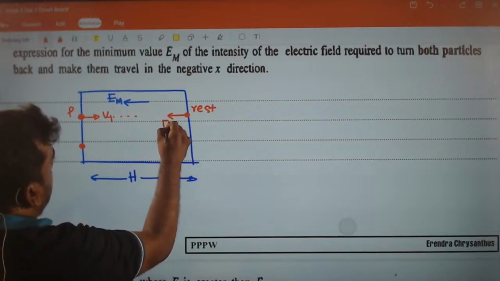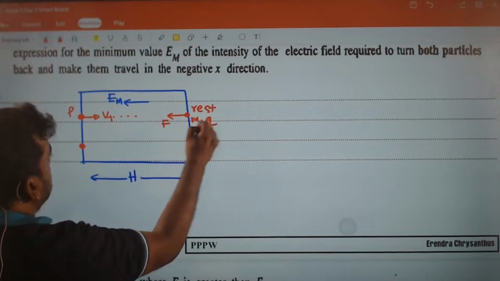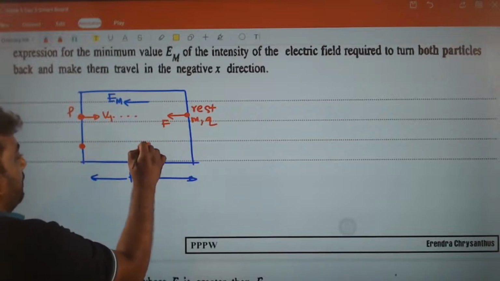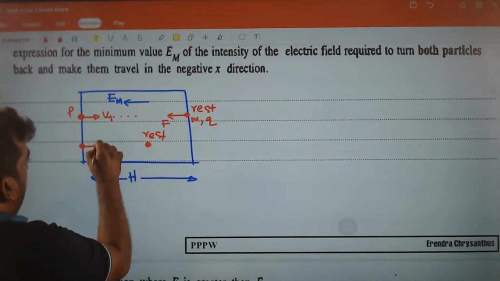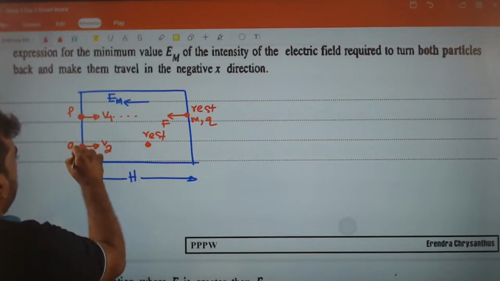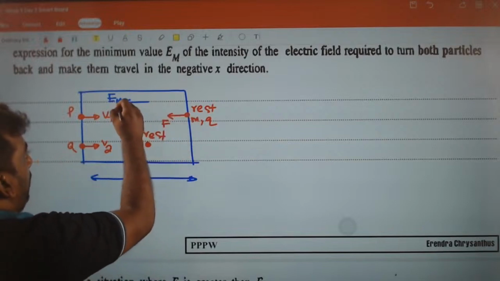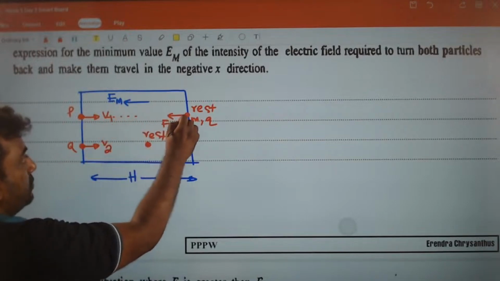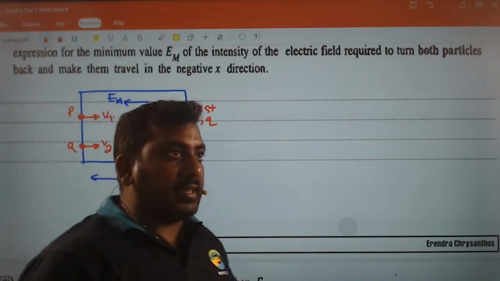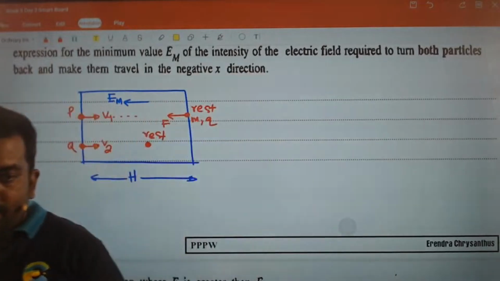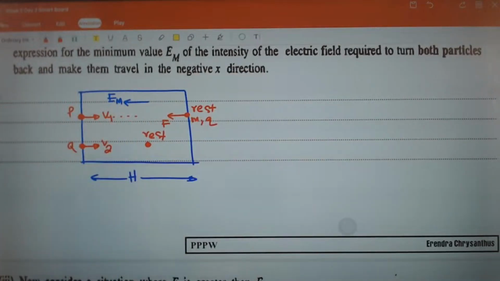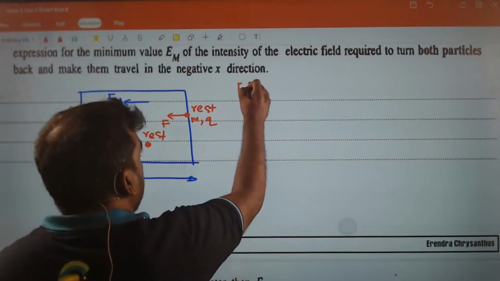There will be a force acting in that direction on this mass and charge. The slow one will come and stop somewhere else, at a shorter distance, as velocity V2 is slower. So minimum occurs when the faster one can reach the very end. Minimum electric field will occur when the faster particle can reach the very end.